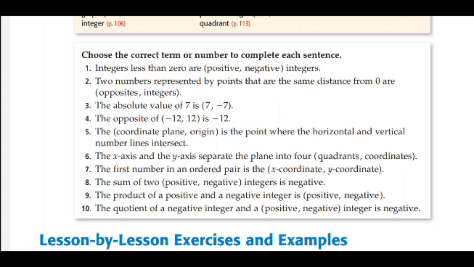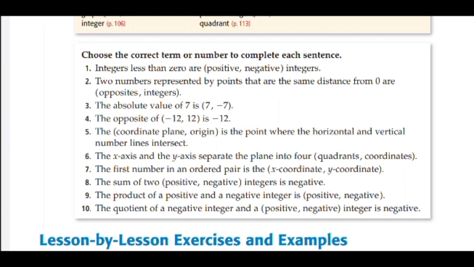5. The coordinate plane origin is the point where the horizontal and vertical number lines intersect. 6. The x-axis and the y-axis separate the plane into 4 quadrants. 7. The first number in an ordered pair is the x-coordinate or y-coordinate. 8.